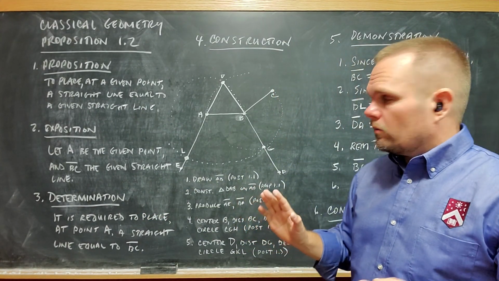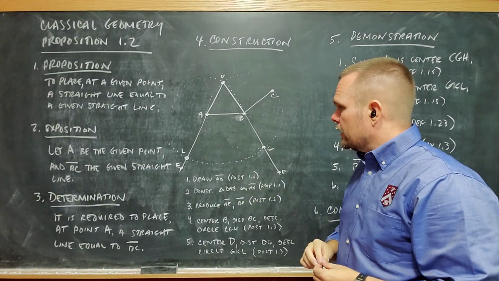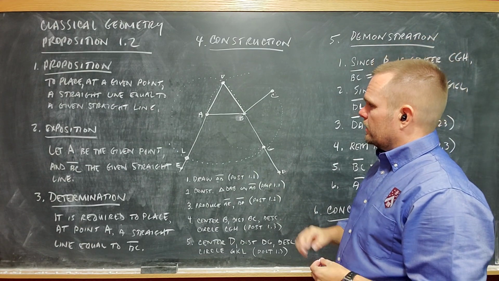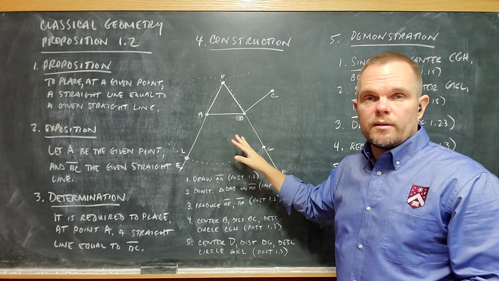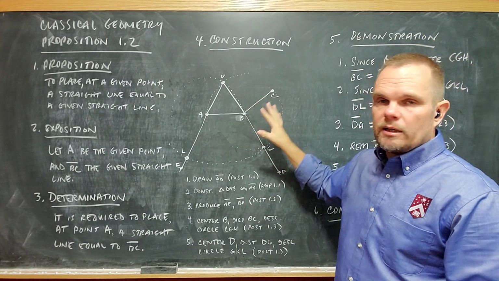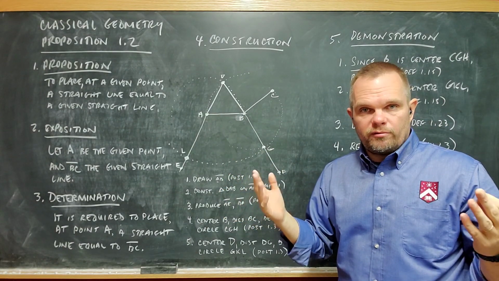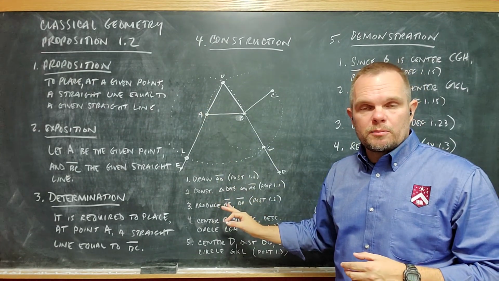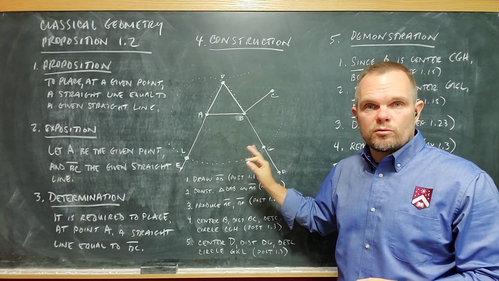I want to say one note about these diagrams, okay? If you look at this diagram, the diagram is not drawn to scale. What that means is the diagram is just a helpful illustration to help us visualize what we're thinking about or studying in this proposition. It's sort of a sketch. It's not an accurate drawing.